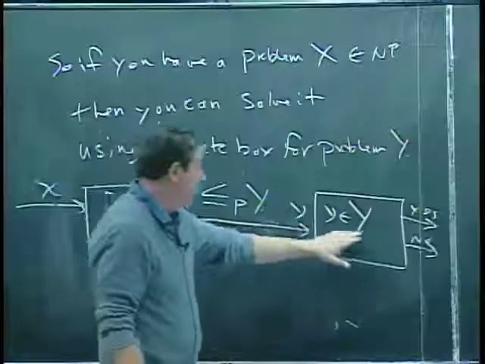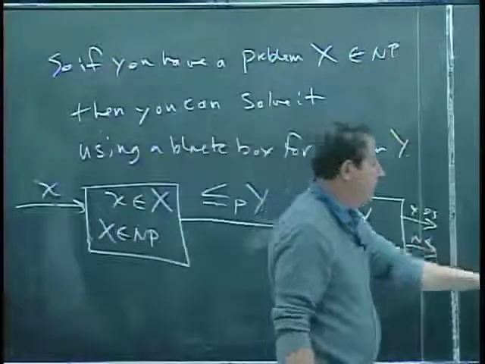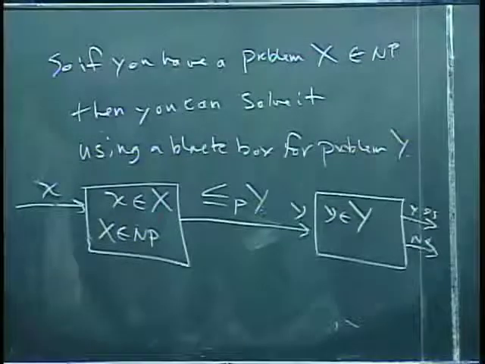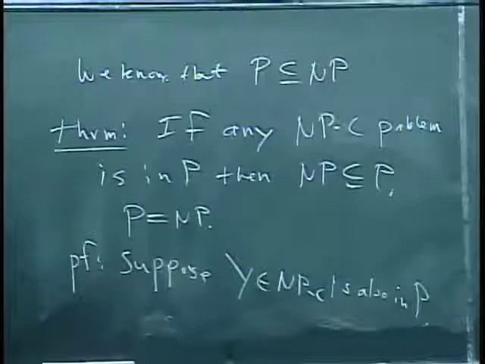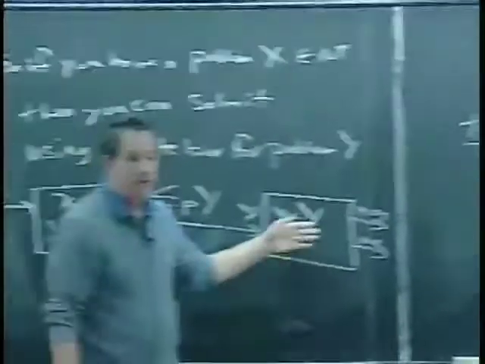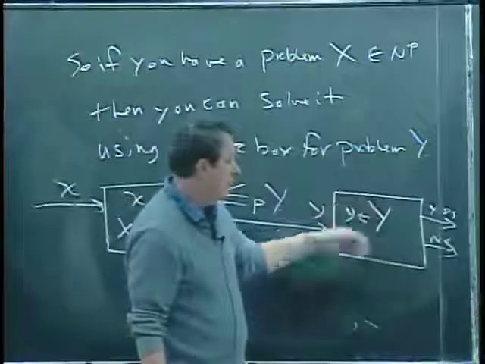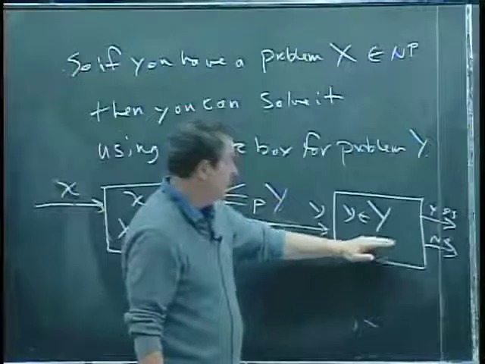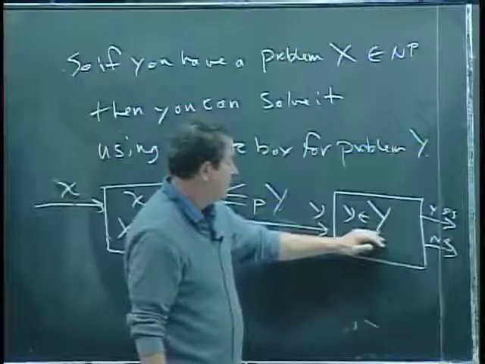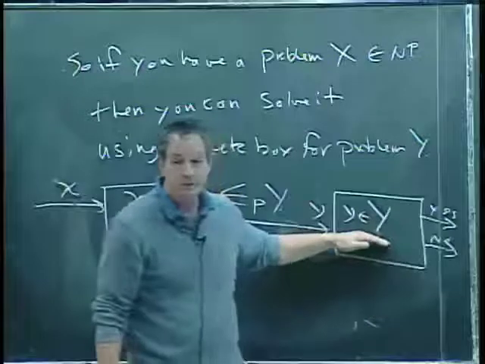And if it happens that Y is in P, that means that in this black box, we have a polynomial time algorithm that can always answer this question: is this instance little y in capital Y? The assumption that capital Y is in P means there's a polynomial time algorithm for answering this question.